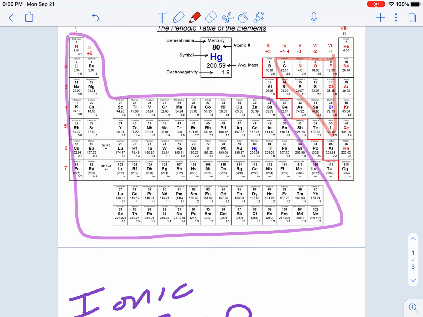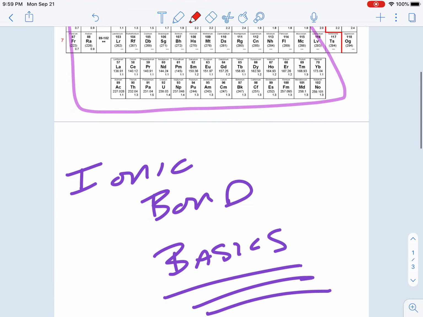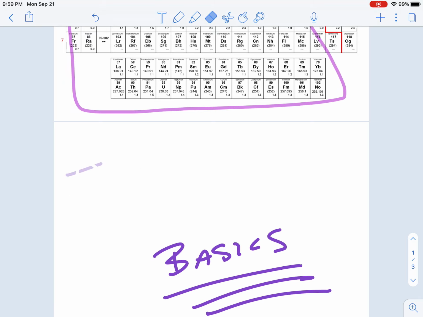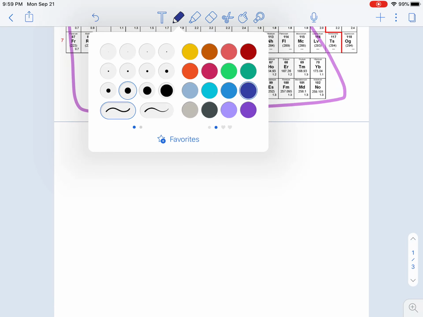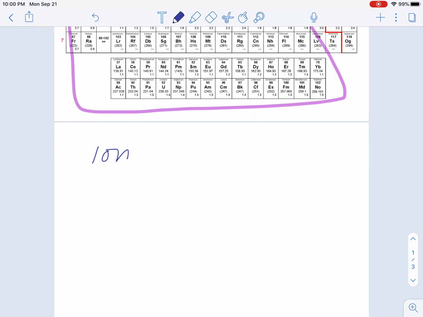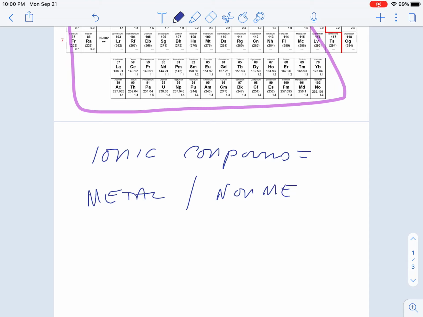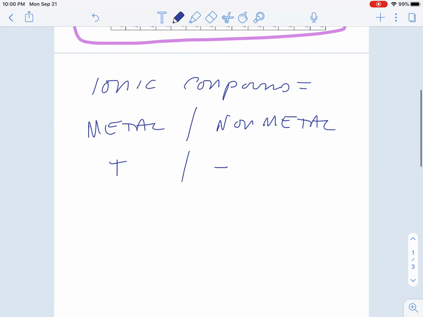So when I talk about an ionic compound, you can say it a couple ways. It's going to be made between a metal and a nonmetal, or a positive with a negative, or a cation with an anion.